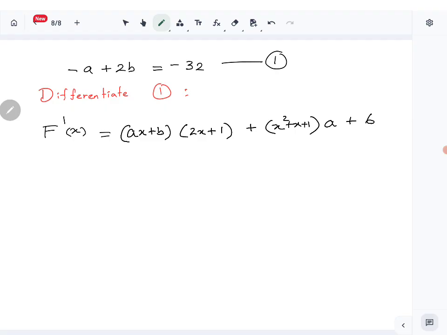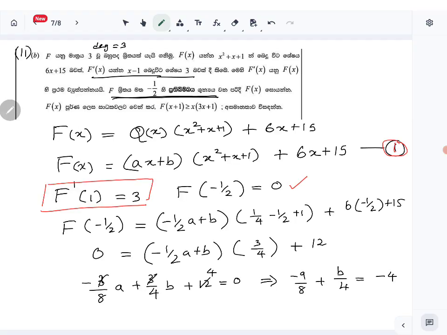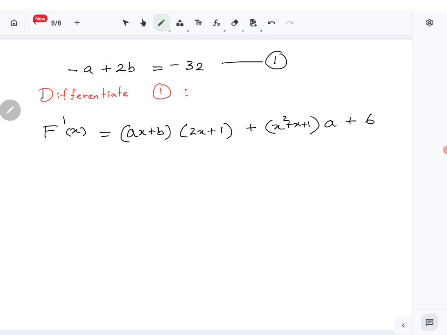no need to simplify, just substitute the value into this expression. What is the value we need to substitute? f dash of 1 is 3, so substitute 1. So f dash 1, a plus b, 2 plus 1 is 3, 1 plus 1 plus 1 is 3, 3a plus 6.